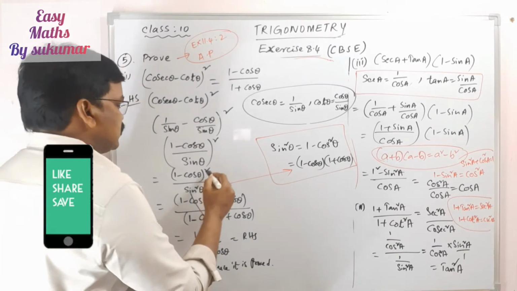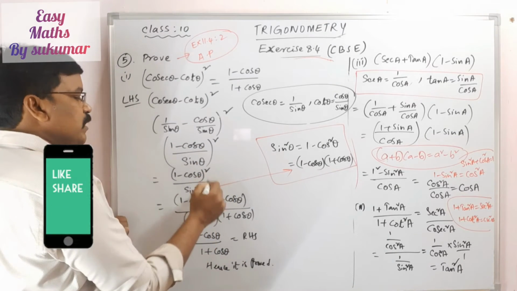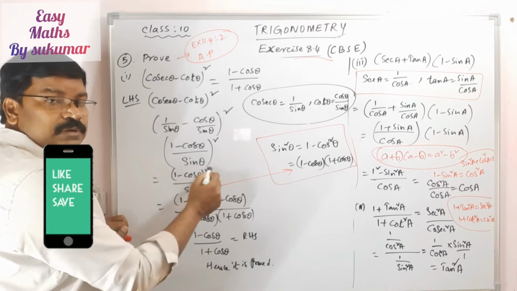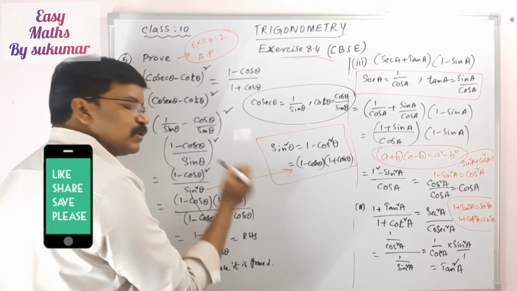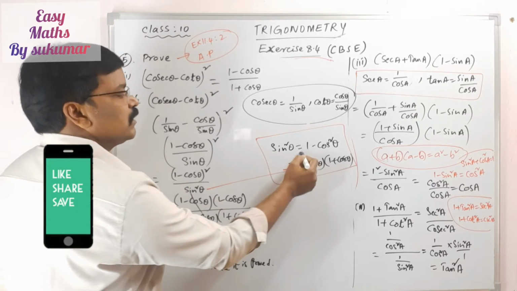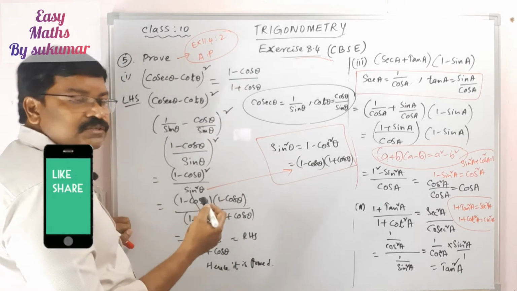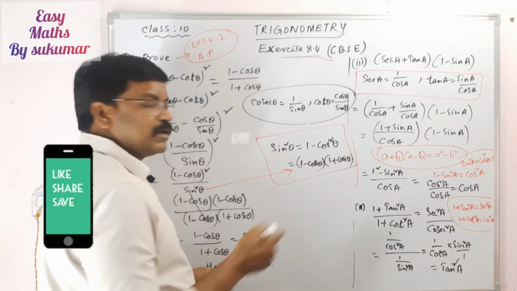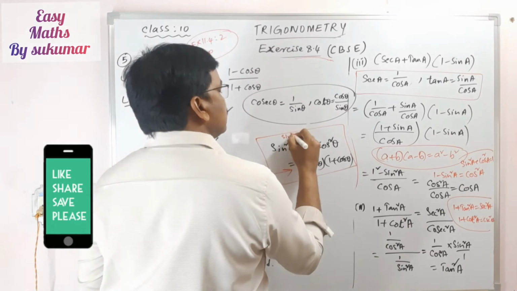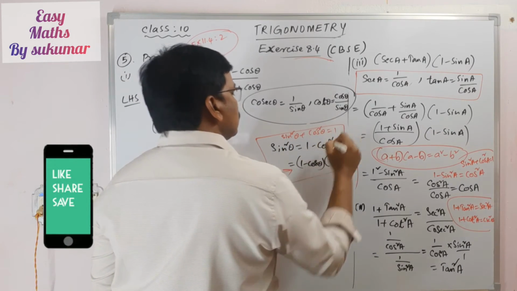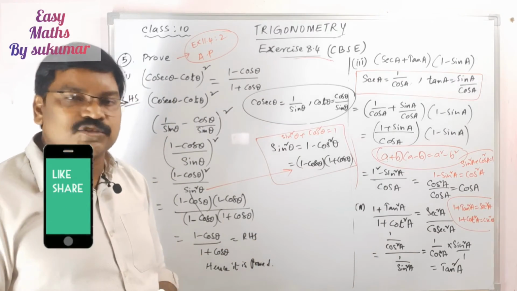Based on that, splitting this square to numerator and denominator, 1 minus cos theta whole square means 1 minus cos theta times 1 minus cos theta, by sin square theta, which I wrote as 1 minus cos square theta. Using the identity sin square theta plus cos square theta is equal to 1, sin square theta is 1 minus cos square theta.